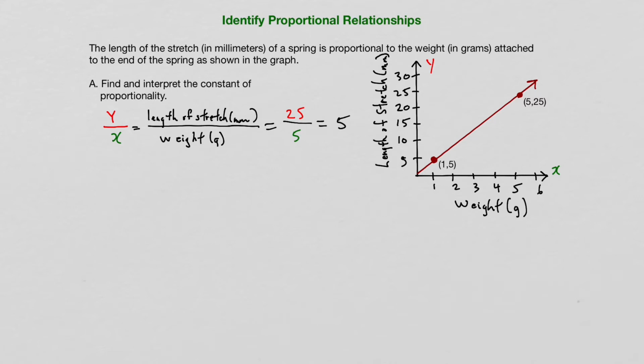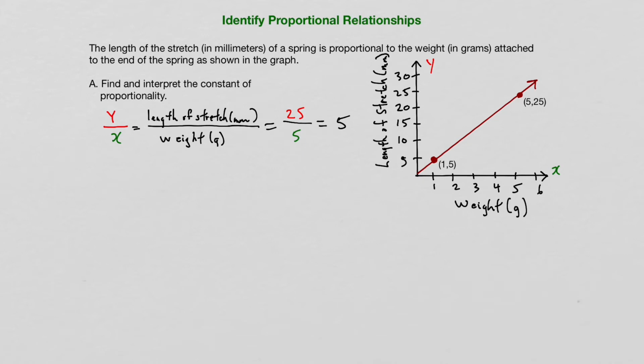Okay, so finding the constant is fairly straightforward, or at least hopefully it is fairly straightforward now. Now you have to interpret what this means. Okay, what this means is that for every stretch of 5 millimeters, it is due to 1 gram of weight attached.